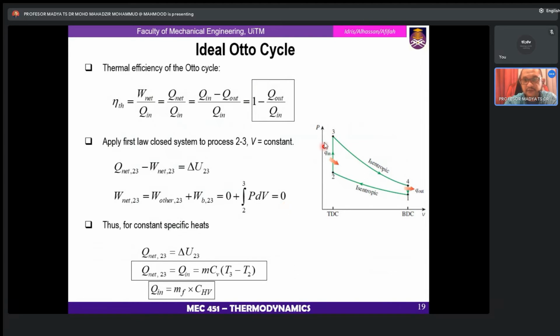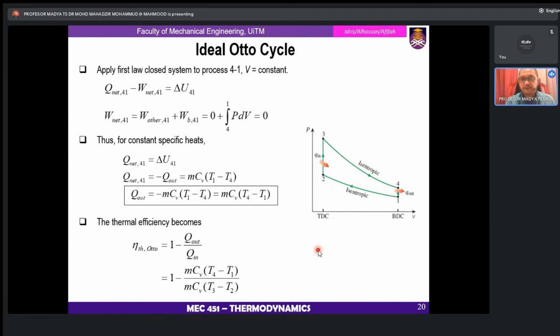Work is zero because this is a constant volume process. For constant specific heat, Q23 equals U23, so only Q in appears in this process.